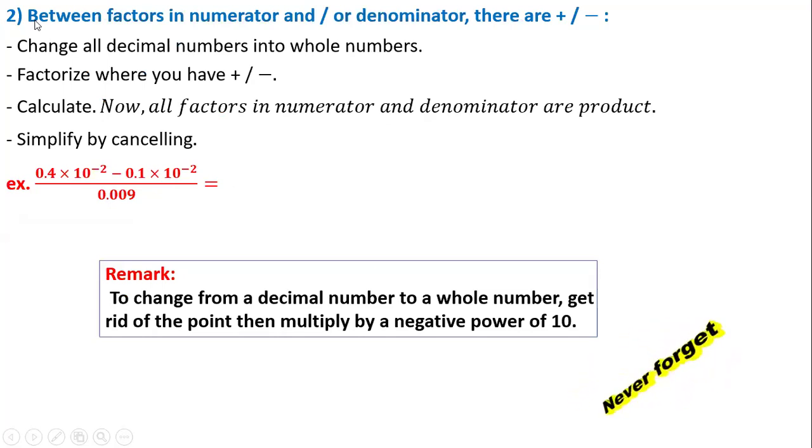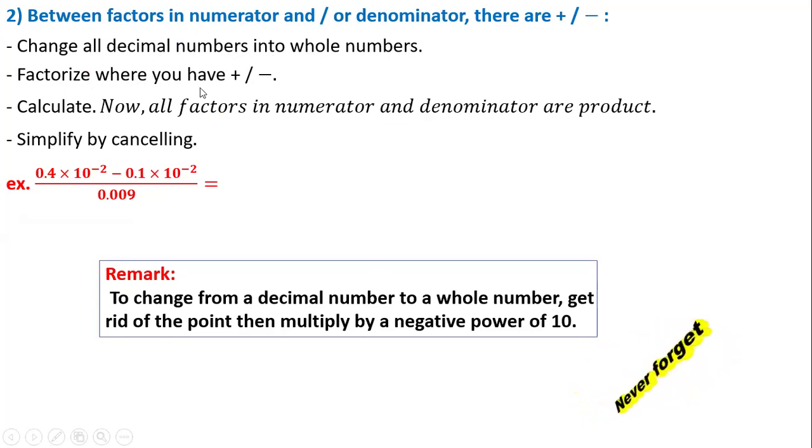The second case of simplifying: if you look at your fraction and you find that between the factors in the numerator or denominator, there are plus or minus. Here you cannot simplify by canceling as we did before. We have steps to follow. First, if you have decimal numbers, as usual, you change them into whole numbers.